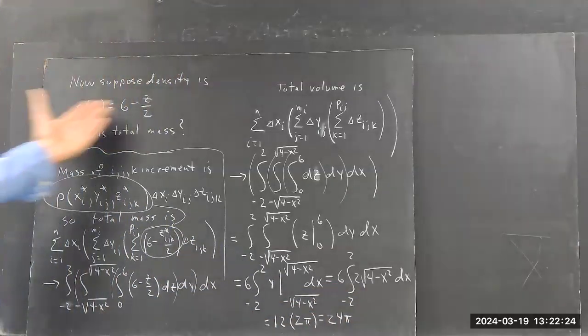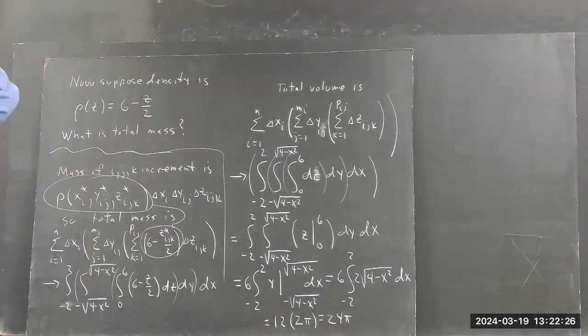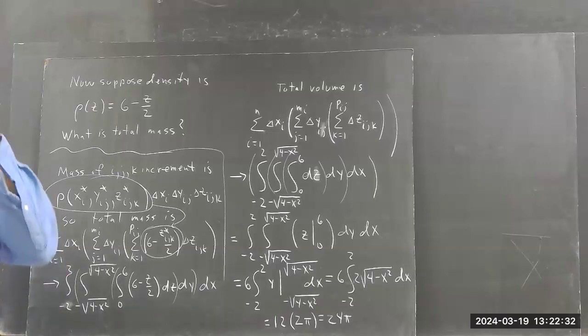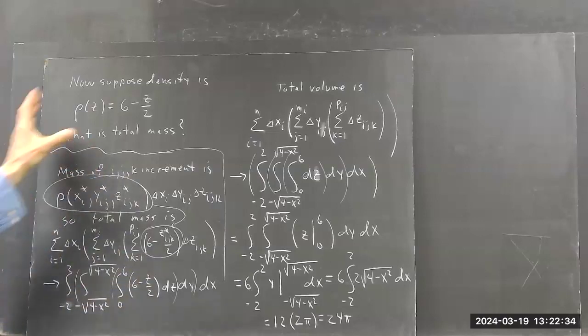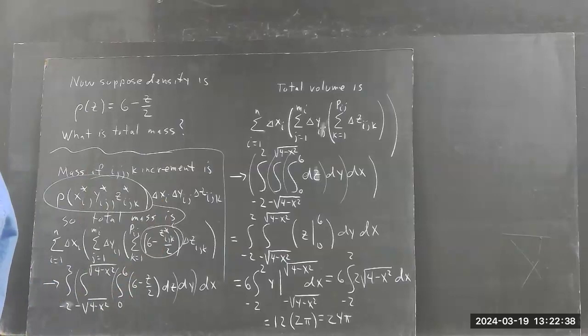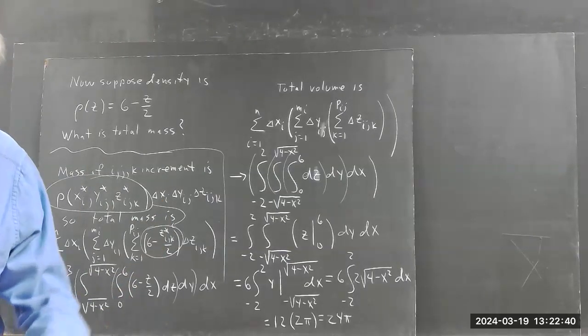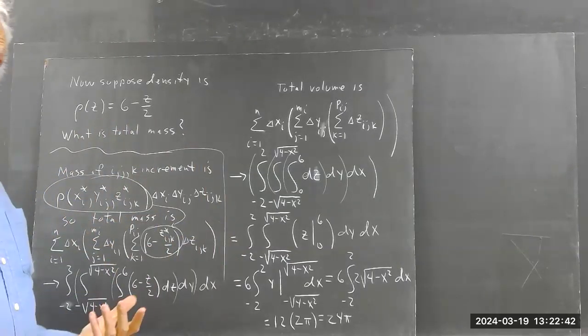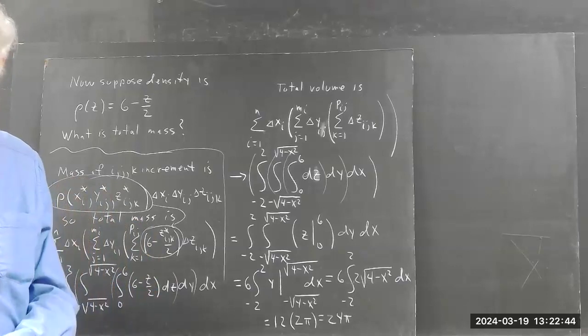It just depends on the nature of your density function. If it's a nice linear density function, you probably deal with it. But that depends on the geometry. What if this thing's an elliptical cylinder now? That complicates the details of the integration. It doesn't complicate the picture.